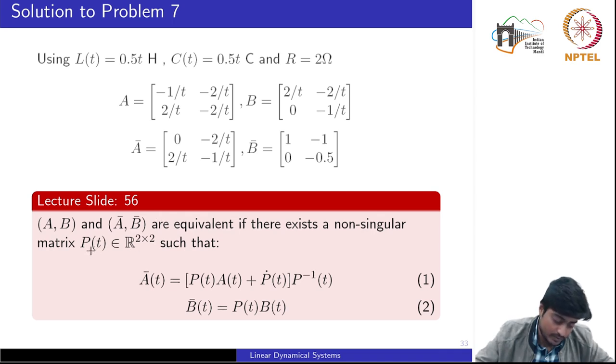So we are looking for that matrix P, a square matrix of dimension 2, such that these two relationships are satisfied between these two pairs. We need to find a P matrix. If there exists a P matrix, these two are equivalent.